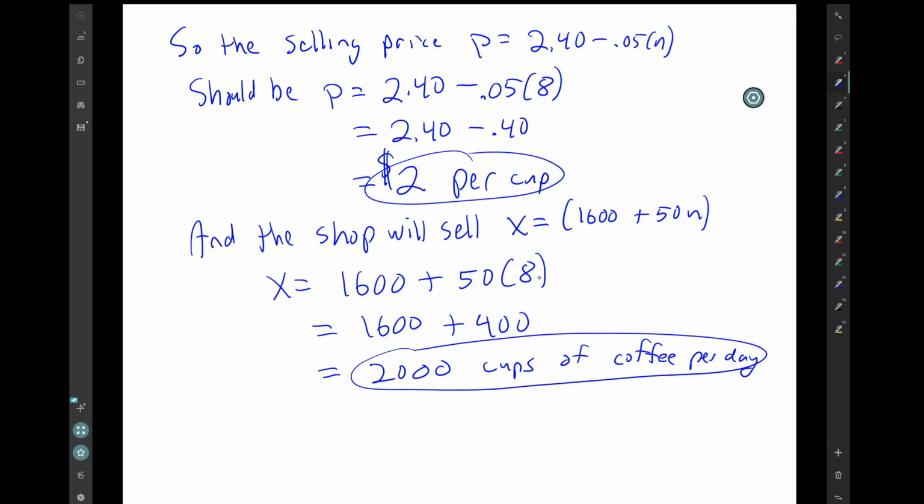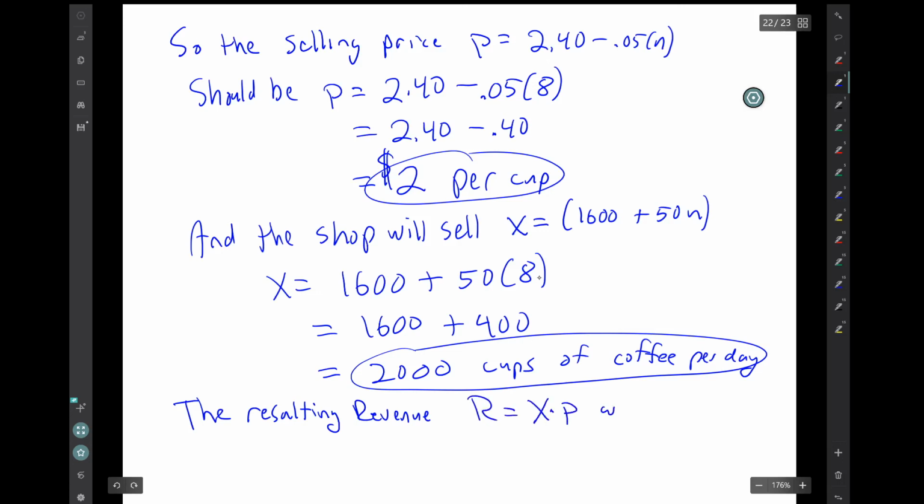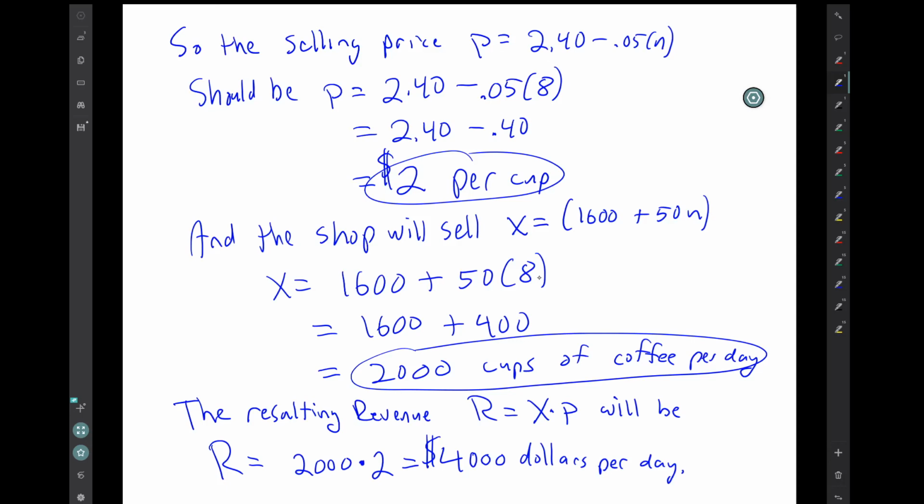And then the last part of the question is, what will be the resulting revenue? The resulting revenue will be $4,000 per day.